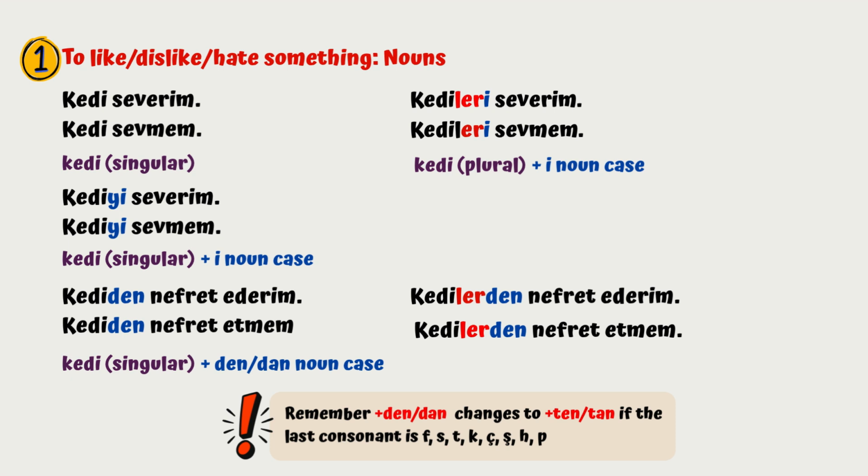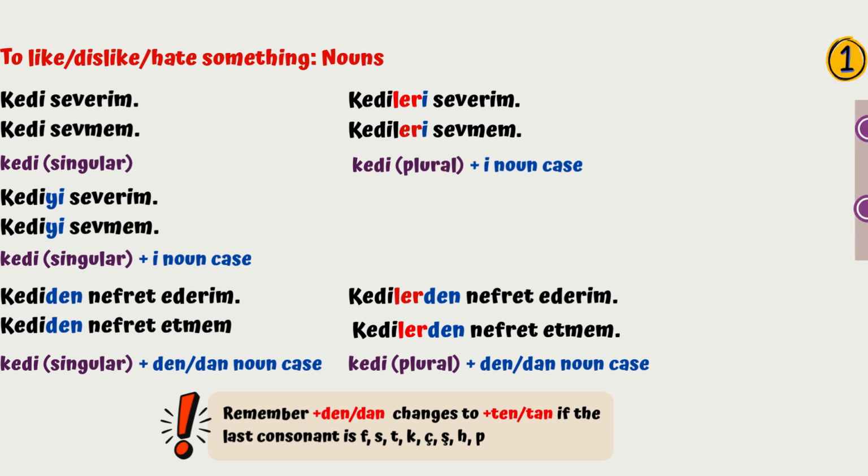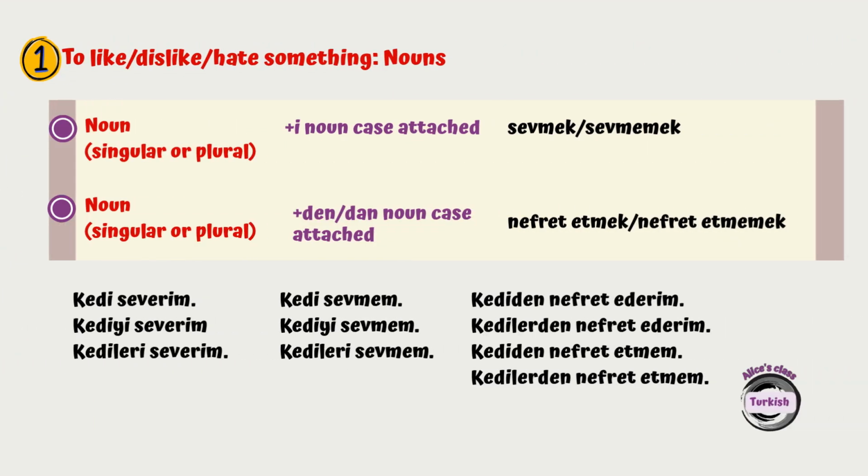Let's take a look at the other sample. Kedilerden nefret ederim. Kedilerden nefret etmem. This time noun is in plural form. Again, we attach den dan non case accordingly, following vowel harmony rules. So let's summarize this. If we want to use sevmek or sevmemek, to like or not like, we can use noun.